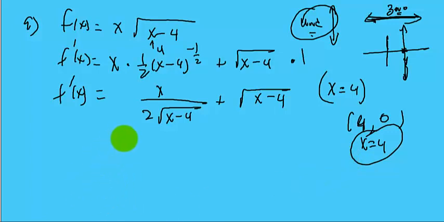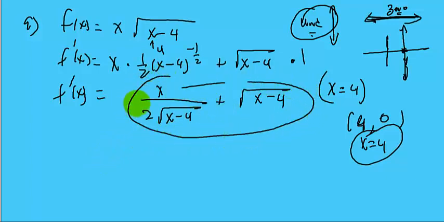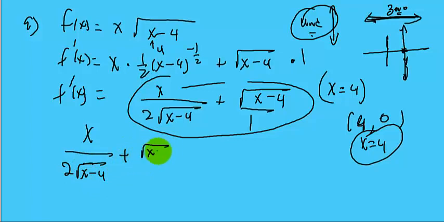Right. Let's go to zero slope. Zero slope means I have to set this whole derivative equal to 0. So we need to add these two fractions. This is where the ancient Indian secret comes in really handy. x over 2 square root of x minus 4, plus radical x minus 4 over 1.